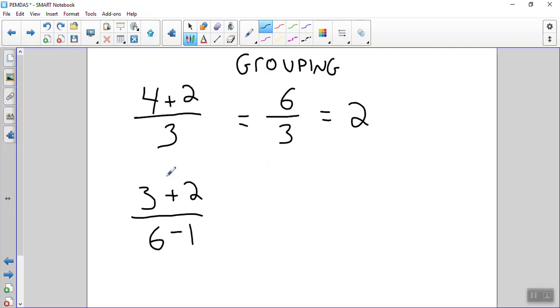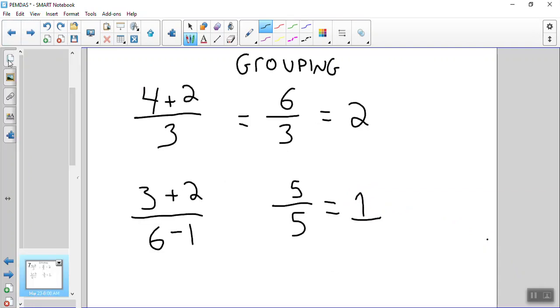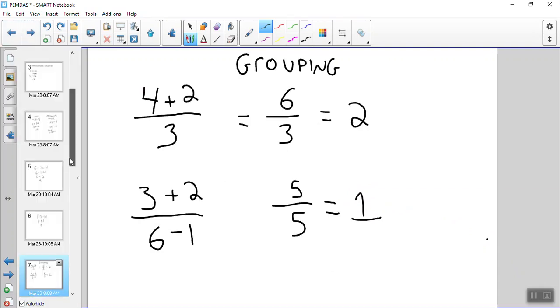You have to do the top first. 3 plus 2 is 5, and then do the group on the bottom. 6 minus 1 is 5, and then do the division. 5 divided by 5 is 1. So that's the G.